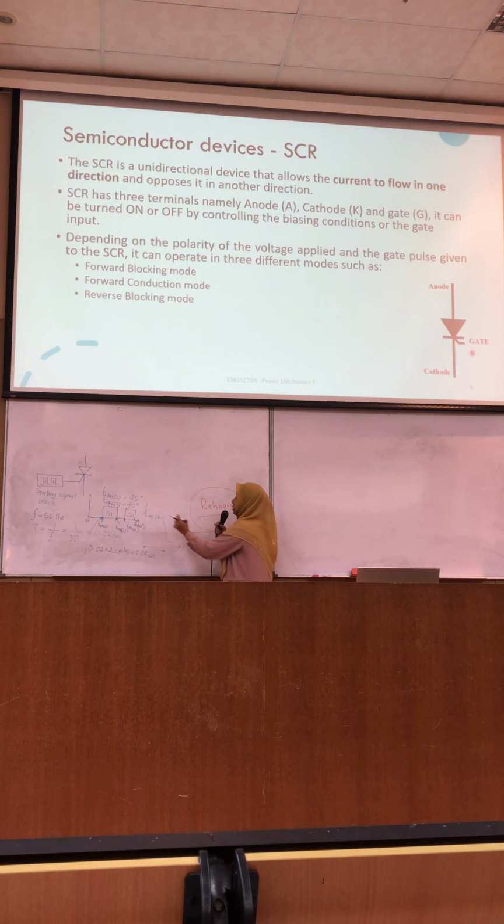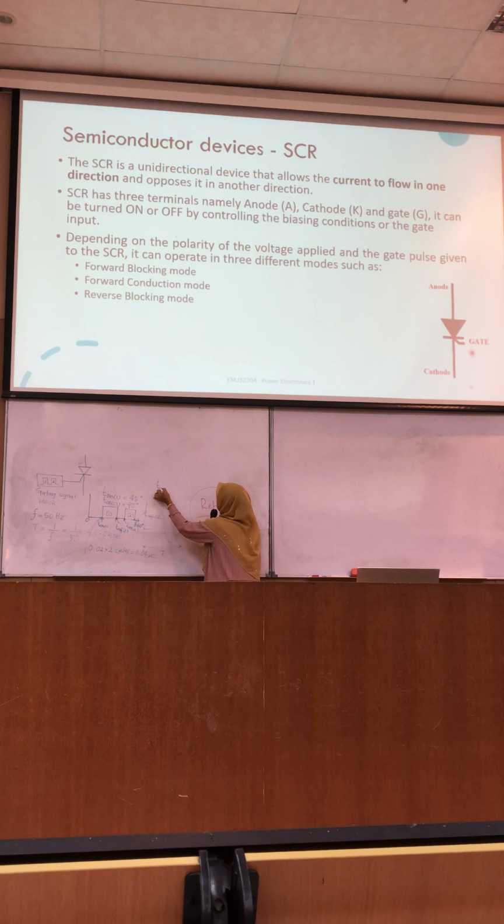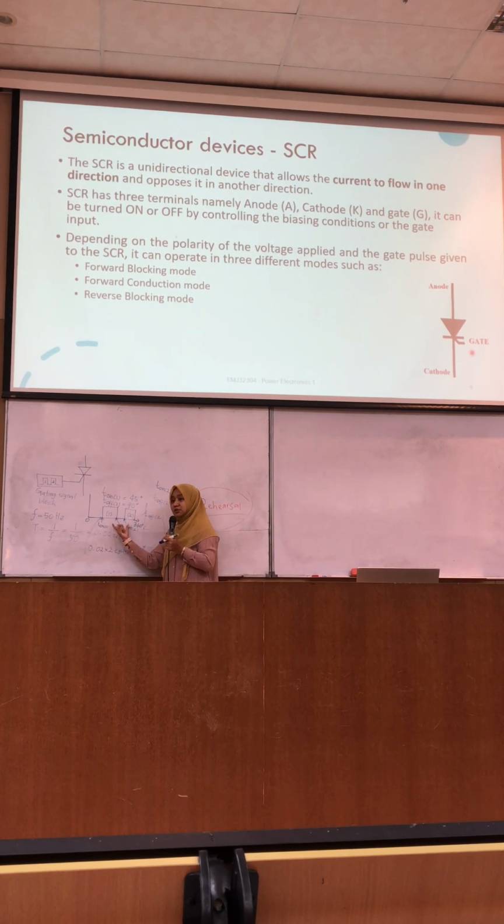Okay, so that is the setting that you need to do for T on 1 and T off 1. For T on 2, let's say I make it on around 300 degree, and then it will be off maybe around 340 degree, something like that. So that is how you do the setting in order to generate these 2 pulses inside PSIM software.